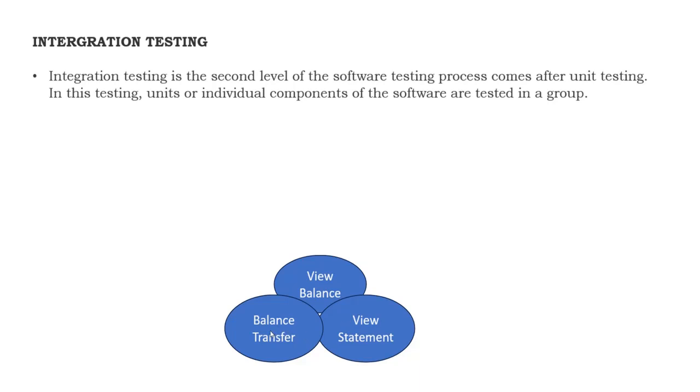But here, after the balance transfer is done, I can come and see in the statement whether the new record has been updated or not. In the view balance, I can also check whether the amount after the transfer is updated or not. So there will be an integration between each of the modules here.